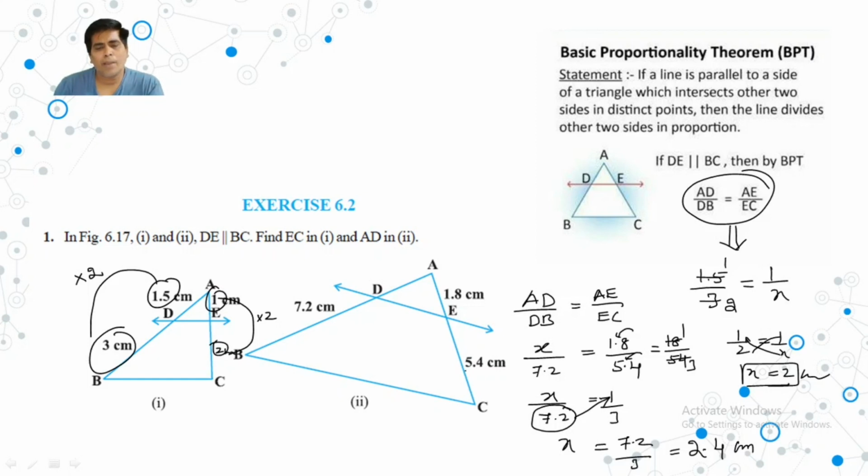This is 5.4, it is divided by 3, so 5.4 divided by 3 is 1.8. 7.2 is also divided by 3. When we divide by 3, you will get 2.4. So by this also we can get the same answer. I hope it is clear to everyone.